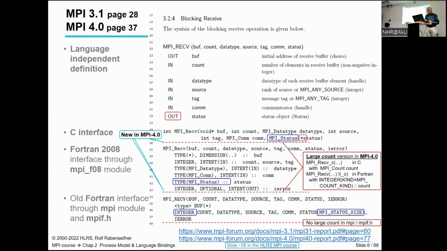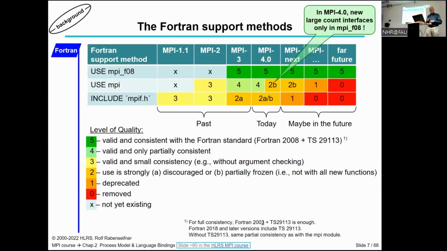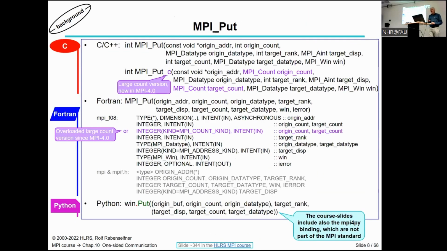And in C, it is with an additional subroutine name _c, and in Fortran, it's directly overloaded with the same name. And with the old Fortran interface, nothing was done. It's already, in principle, on the way of being outdated and going away. Here, examples in the background of how such interfaces now look.